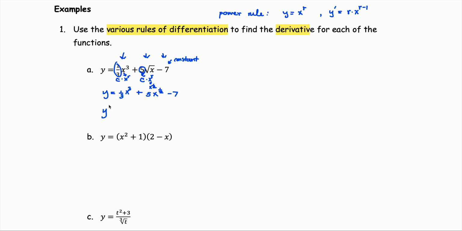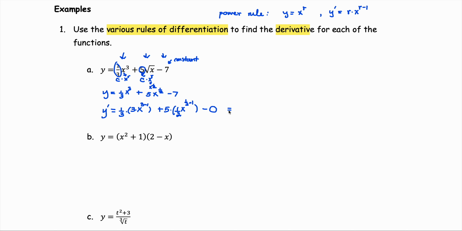Therefore, when we find the derivative y prime, it goes term by term: 1/3, the constant multiple, times the derivative of x to the third, which is 3 times x to the power 3 minus 1 by applying the power rule. Then plus the next term, the constant multiple 5, times the derivative, which is 1/2 times x to the power 1/2 minus 1, and subtracted by the derivative of the constant, which is 0.